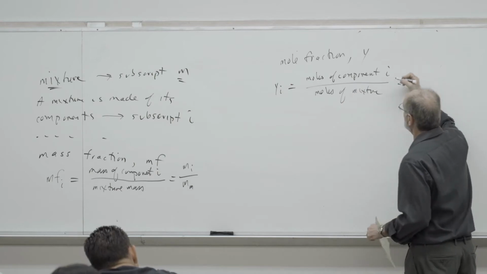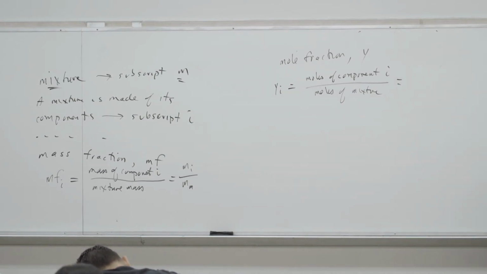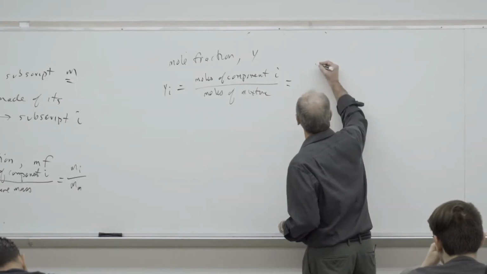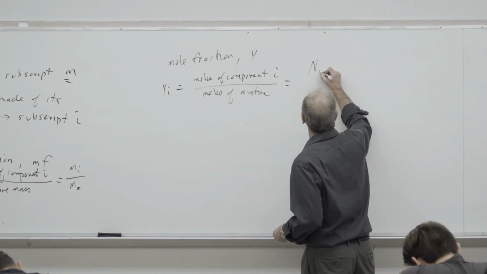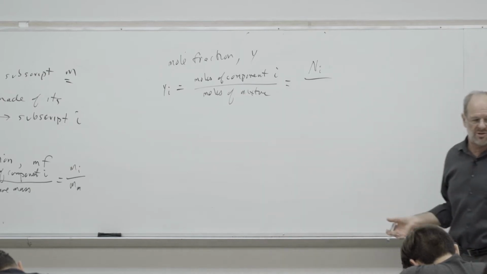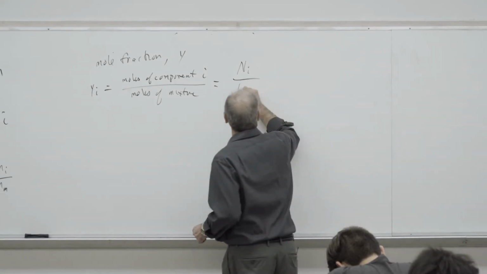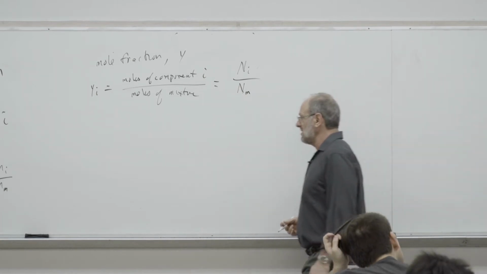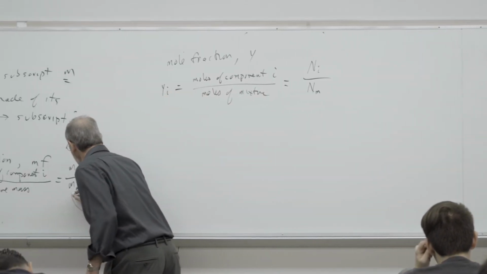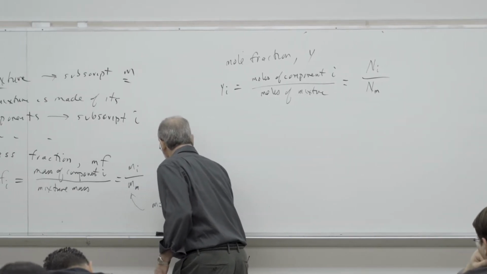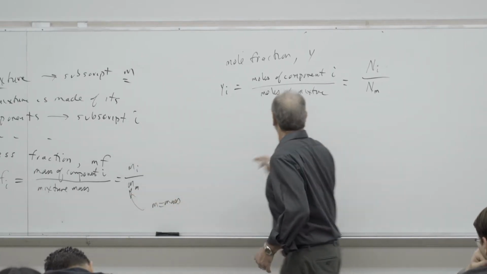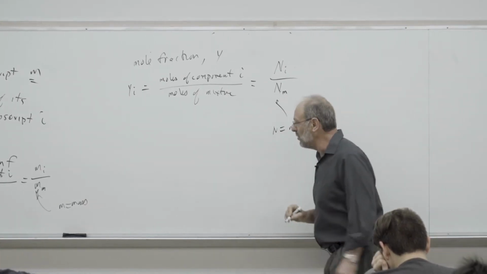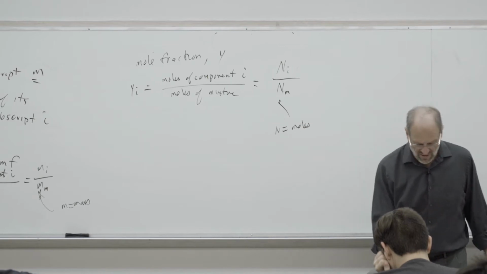Okay. So we know from previous discussions that we use a capital letter N to represent the number of moles, or the mole number, if you will. So N sub I represents the number of moles of that particular component I. And of course, N sub M would represent the number of moles of the mixture. Okay? And again, over here, m equals mass, not the subscript. And over here, n equals the number of moles. So again, just keep track of all this.